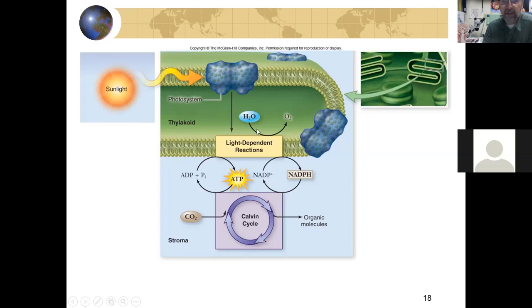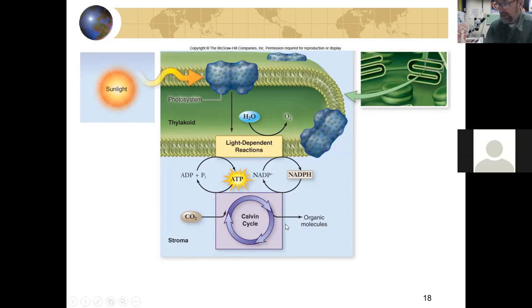These occur in the thylakoids of the chloroplast. And then in the stroma, the fluid around the thylakoids, occurs the Calvin cycle, sometimes called the dark reactions. They use the energy and NADPH made in the light reactions to stick hydrogens on the carbon dioxide. And those hydrogens then allow this to be an organic molecule like glucose.